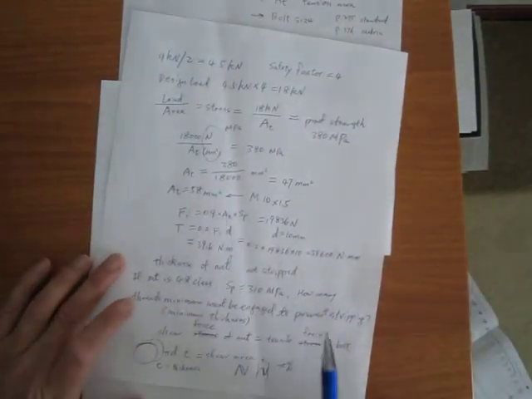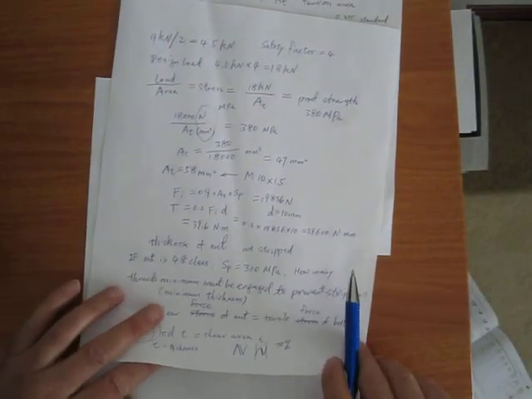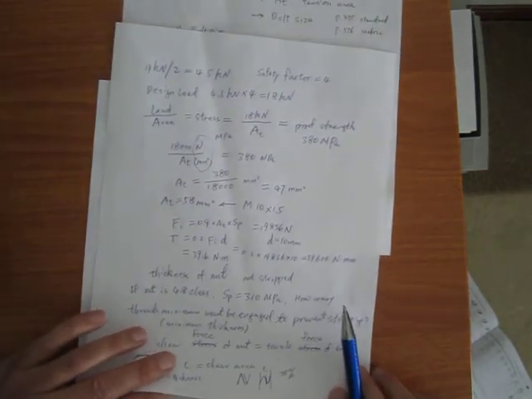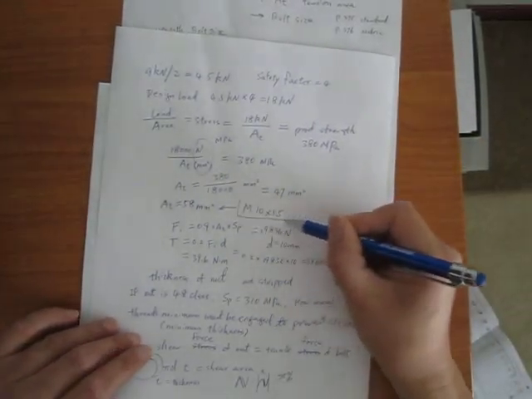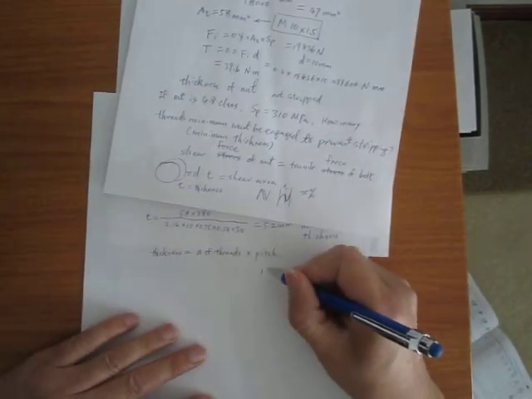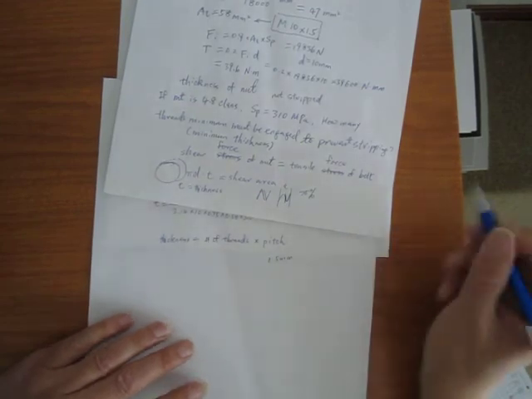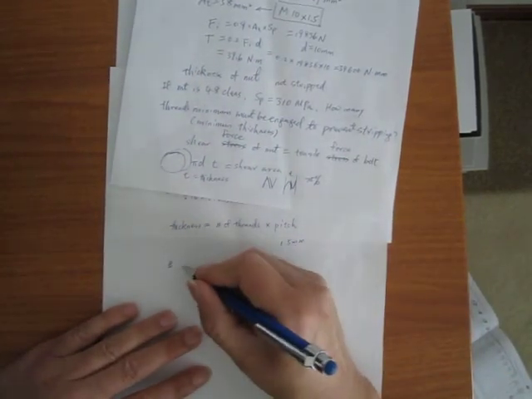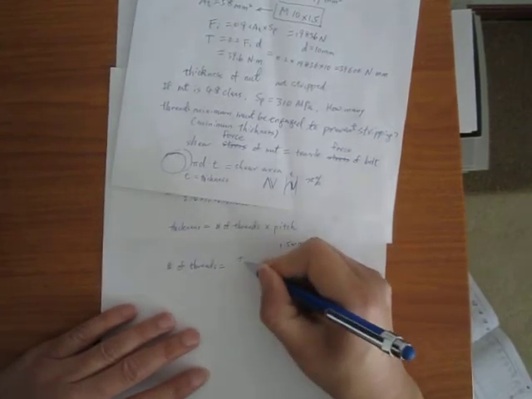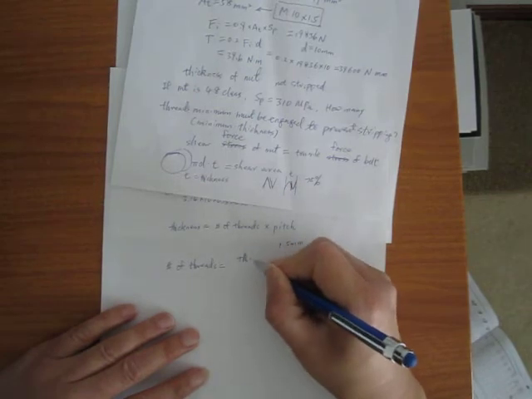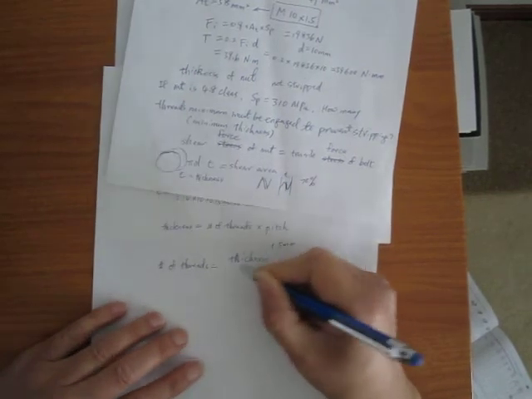In our case, the pitch we find out, which is here. This is the pitch. So pitch is 1.5 millimeter. So number of threads is equal to thickness divided by pitch.